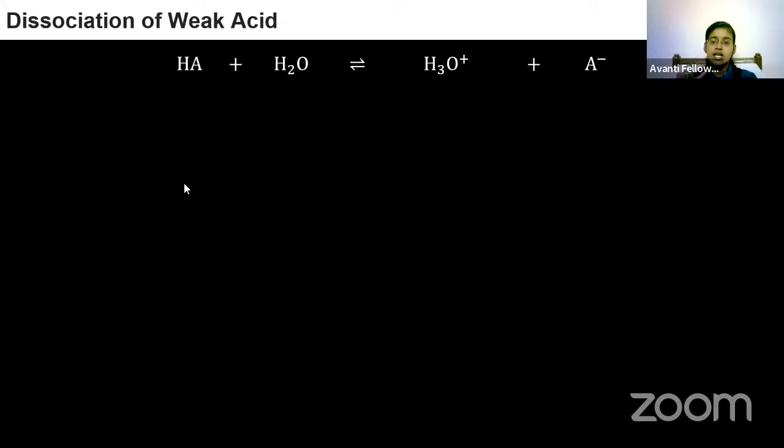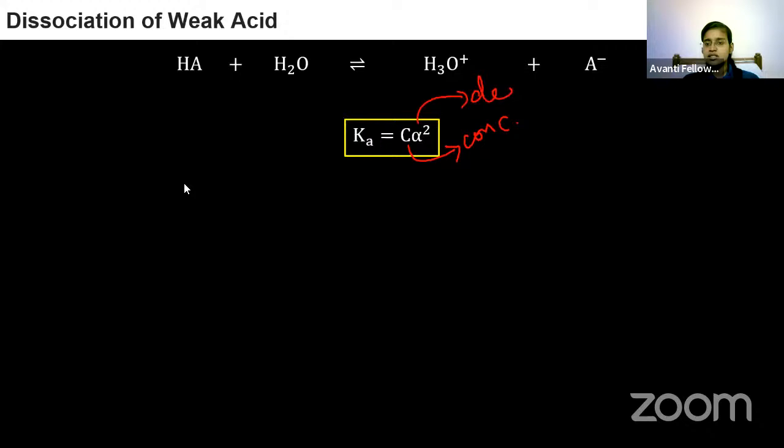Now, the acid dissociation constant, or equilibrium constant, for this reaction is equal to C alpha square, where C is the concentration and alpha is the degree of dissociation.